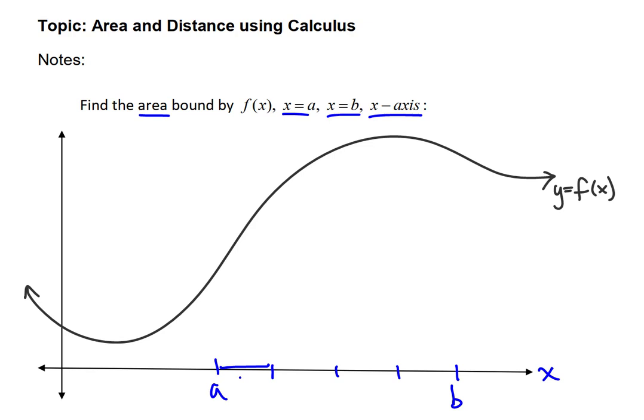But if the first space from A to the first tick mark is the base of a rectangle, and then I were to raise the rectangle so that the right side of that interval, which I don't have a label for, but it's the first tick mark after A, actually hits the function, we'll just draw it until there.